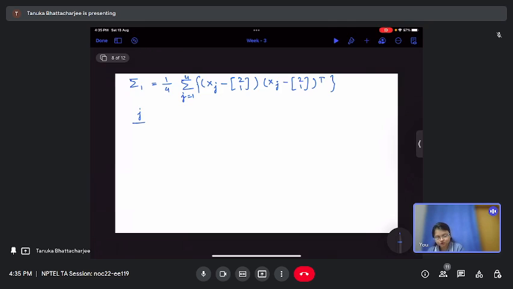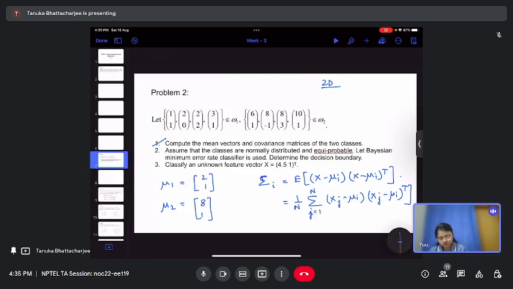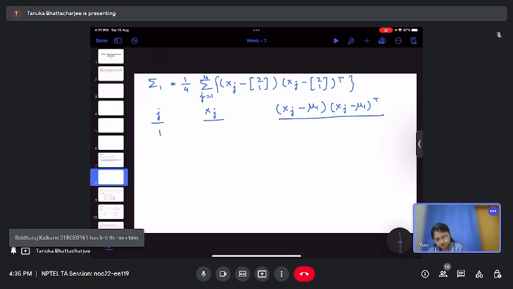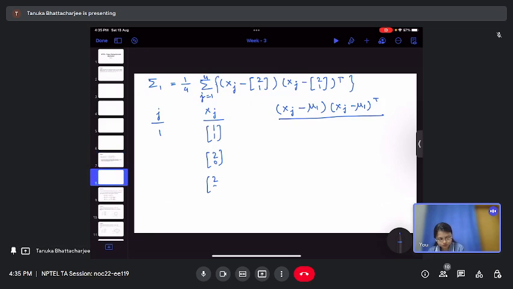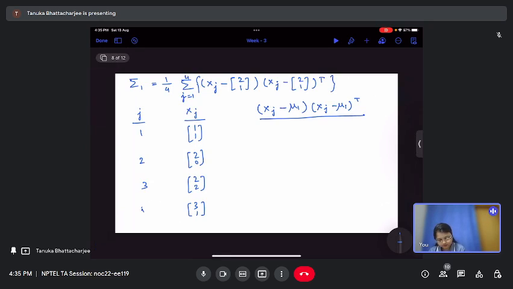The 4 samples we have are (1, 1), (2, 0), (2, 2) and (3, 1).